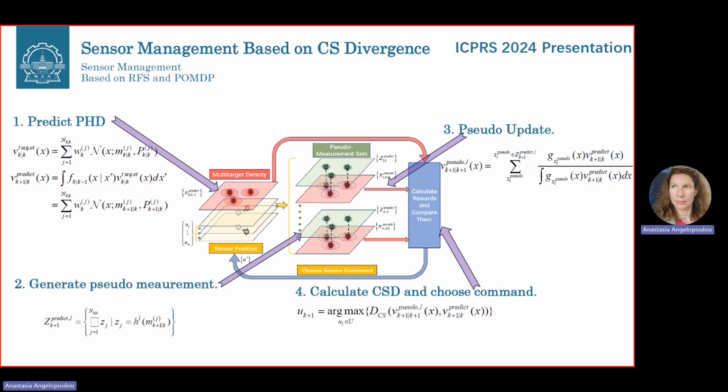After that, we pseudo-update the predicted PHD with different pseudo measurements, and then we calculate the CSD between the pseudo-updated PHD and the predicted PHD. Finally, we choose the action corresponding to the maximum CSD value.